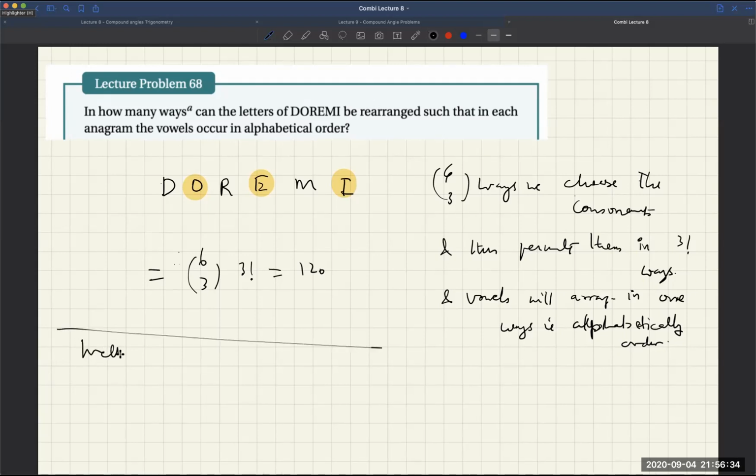There is another way of seeing this problem, method 2, and the other way is that you may actually find the total ways. Total ways is how much? 6 factorial. Okay.